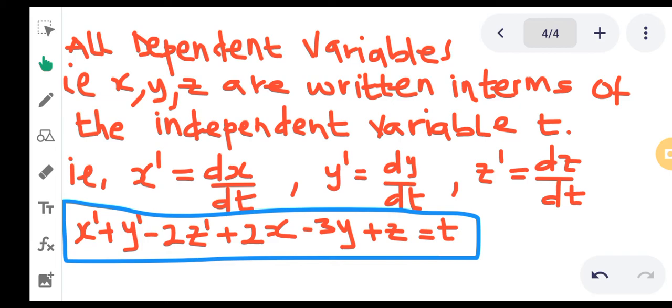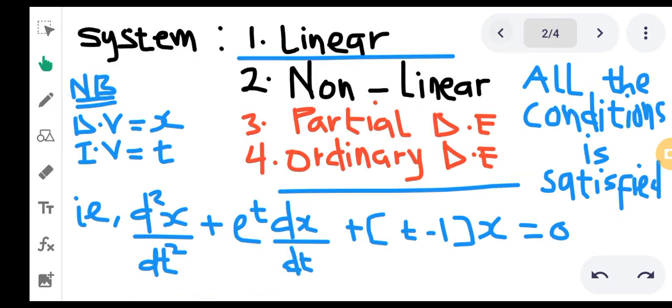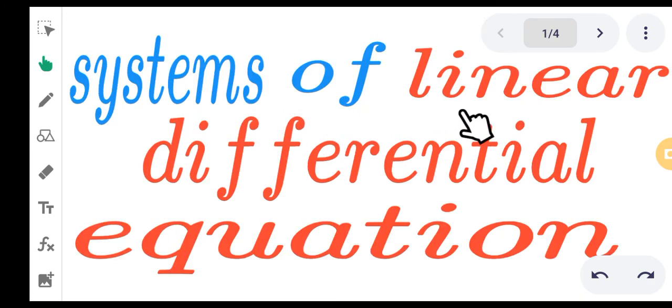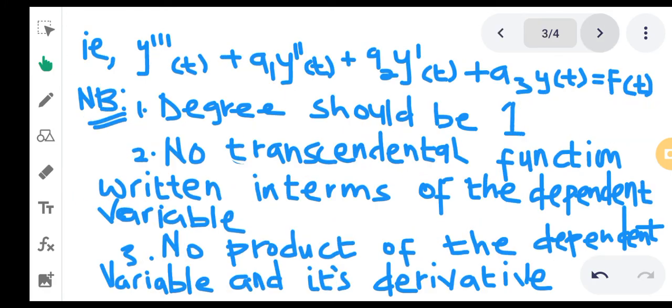We are mostly looking at ordinary differential equations for our level, and at linearity. That is why we have made this statement: systems of linear ordinary differential equations, though the word ordinary is often dropped. So for our stage we are just looking at ordinary differential equations.